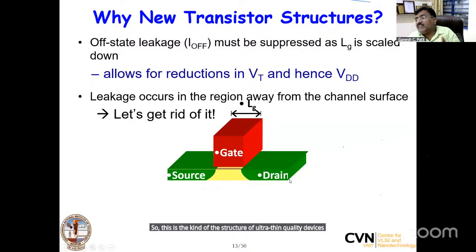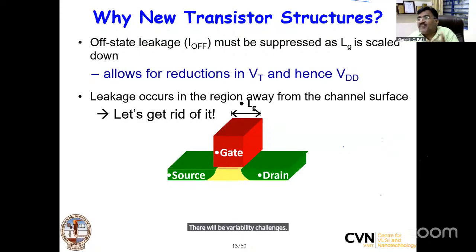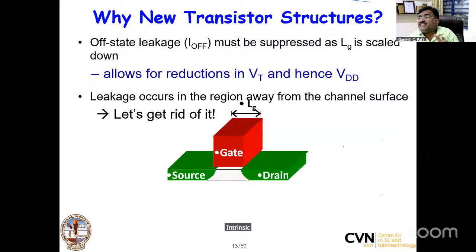But the ultra thin body devices would have threshold voltage challenges, variability challenges, random dopant fluctuations, and line edge roughness is also another challenge. So to address the challenge, people thought why don't we use an intrinsic channel? Intrinsic channel means the channel without doping. This is an undoped channel. So people came up with undoped ultra thin body kind of bulk MOSFETs.